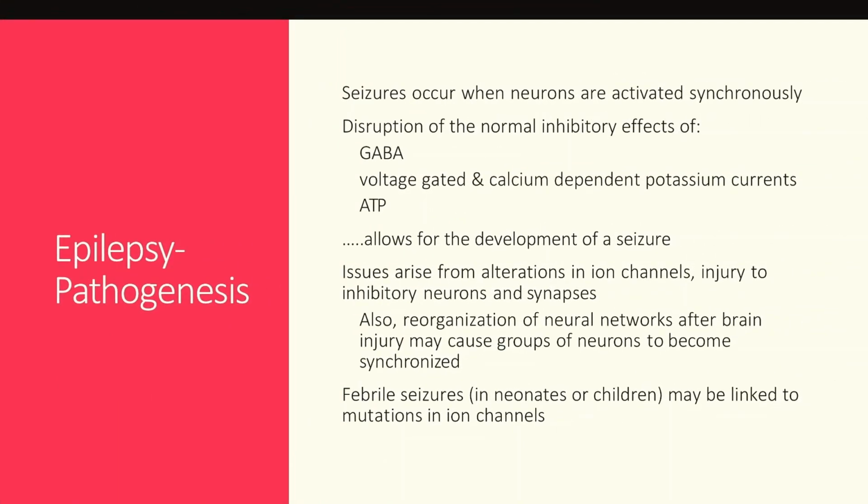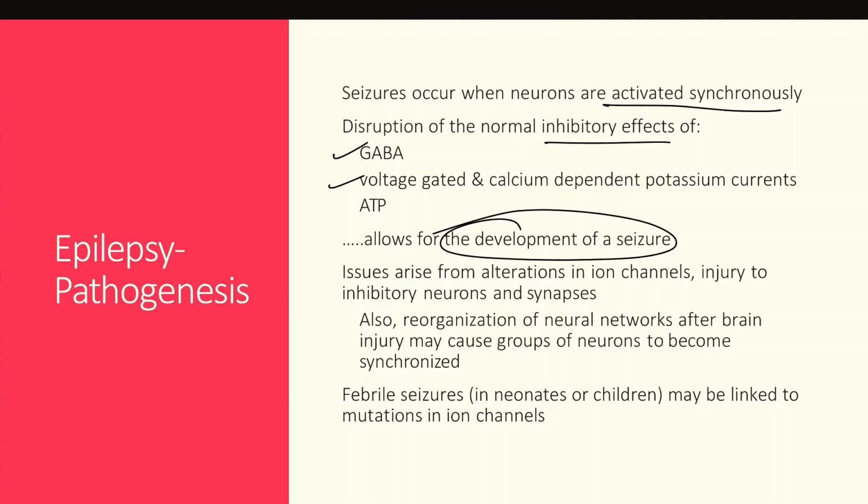So regardless of whatever the seizure causes, what happens during a seizure is pretty much the same. All these neurons are activated synchronously. We get disruption of our normal inhibitory effects, so disruption of GABA, our voltage-gated calcium-dependent channels, and those get messed up. And this allows for the development of the seizure.